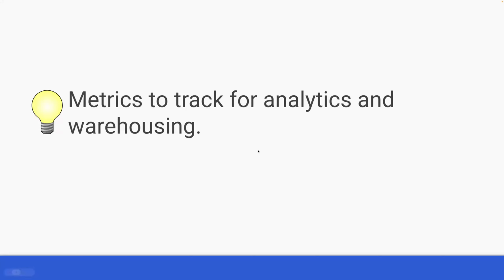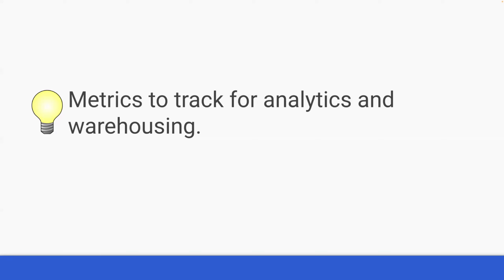Again, for the success of each system, there needs to be a metric in place. So let's say it's an order management system, then the number of orders in a day is a metric. The number of customers, what rating they are giving, all of them are metrics. So you need to tell what the metrics are which you are going to track for the success of your system.